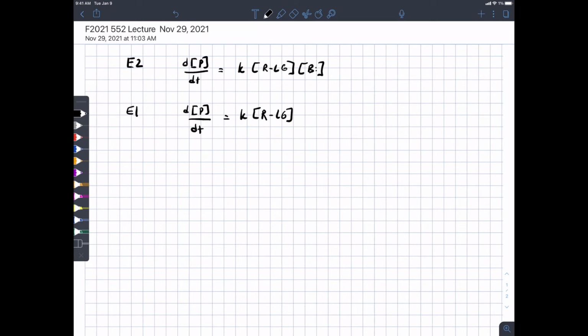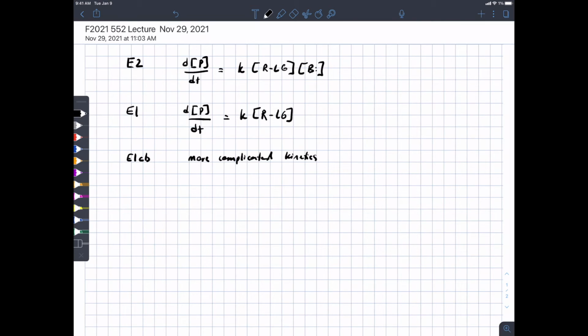But there's another extreme that we ought to consider, and that's called E1CB. And this has more complicated kinetics, so I'm not going to write out that rate law.